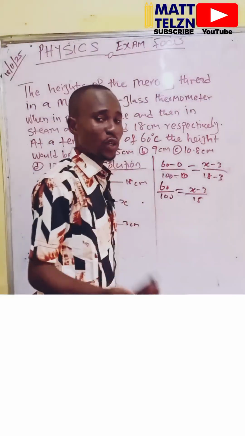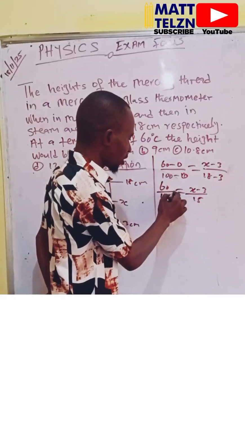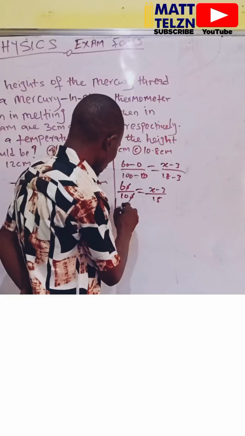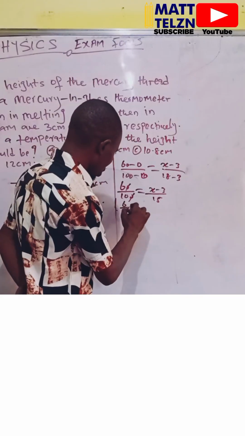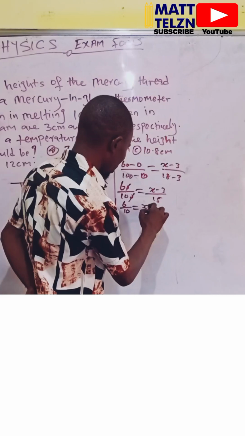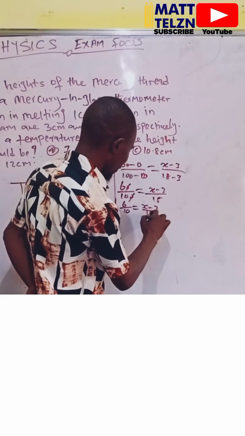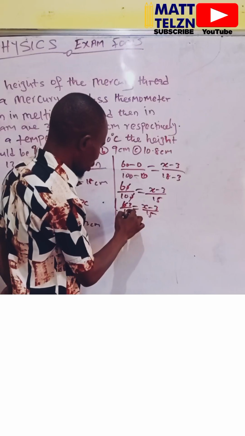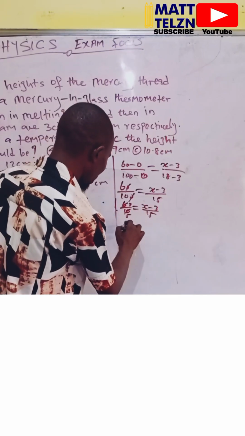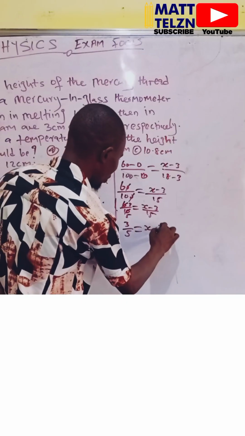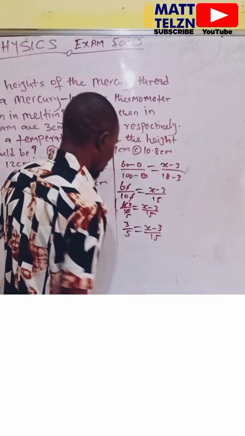Or before that, I can simplify this. 0 will cancel 0, right? So I have 6 over 10 equal to x minus 3 over 15. Dividing by 2 here I have 3, and here 5. So what I have is 3 over 5 equal to x minus 3 over 15, right?